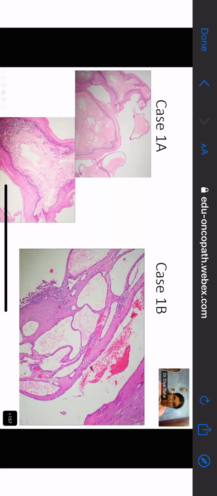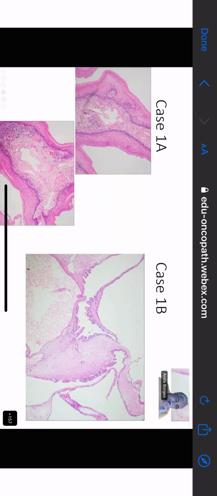All right. So now let's go to the next. Now tell me what you can see at this part. Ma'am, in case 1A, apart from the previous description, I can only see mononuclear inflammatory cell infiltrate in the stroma. And in the lower picture, it's the same picture depicted previously.